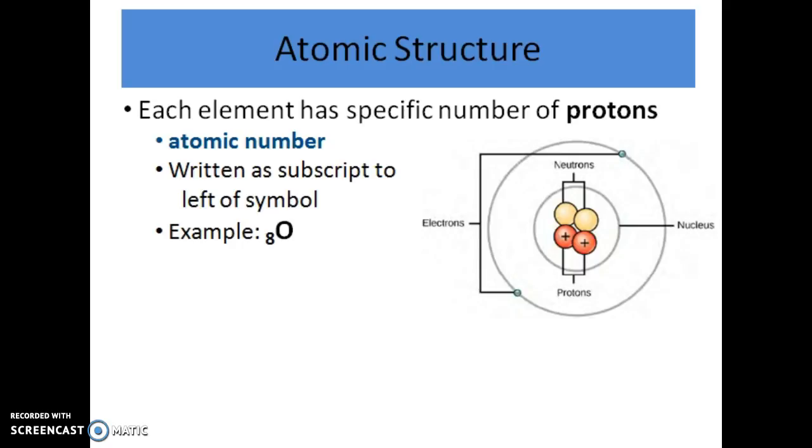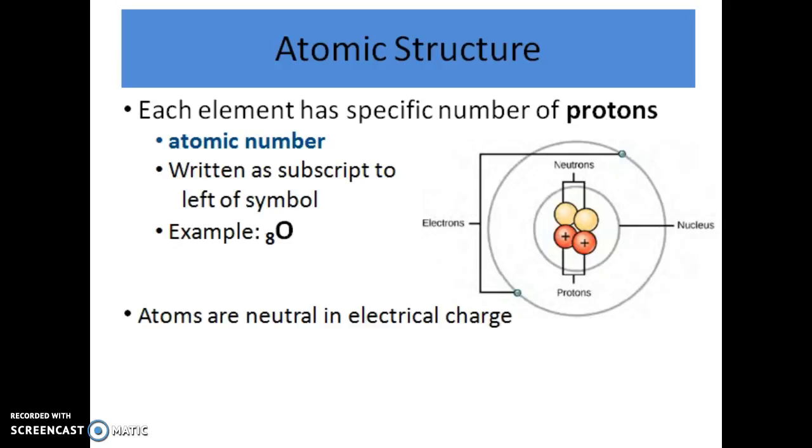So that's a way to keep track of exactly what element we're talking about by knowing the number of protons. Usually, we won't write this 8 here because it's implied. As soon as we see that we're talking about oxygen, we know there's going to be 8. It's predictable and consistent, and it has to be oxygen if there are 8. But it's there, we know it's there, we can keep track of it.